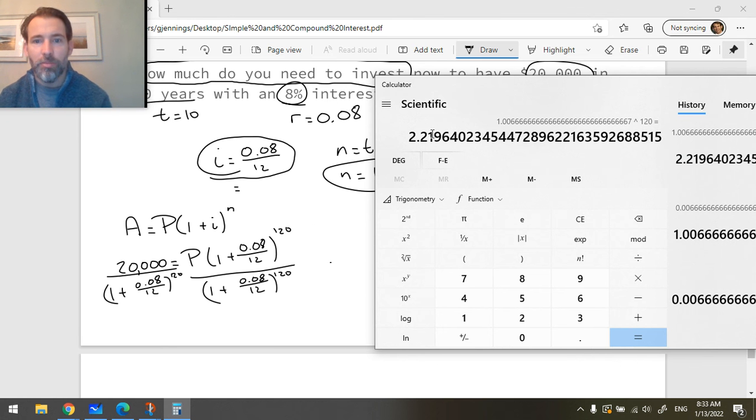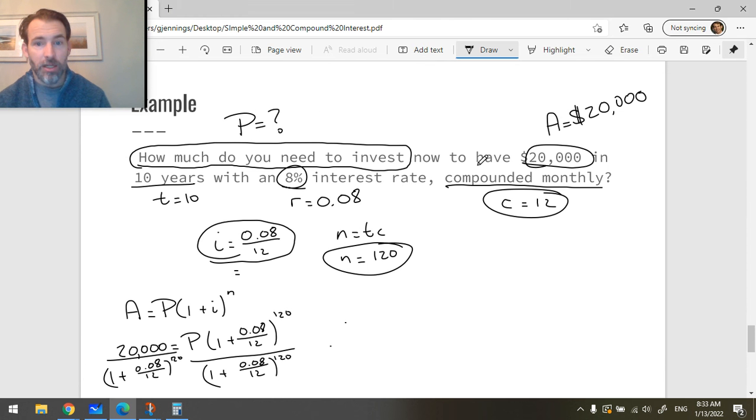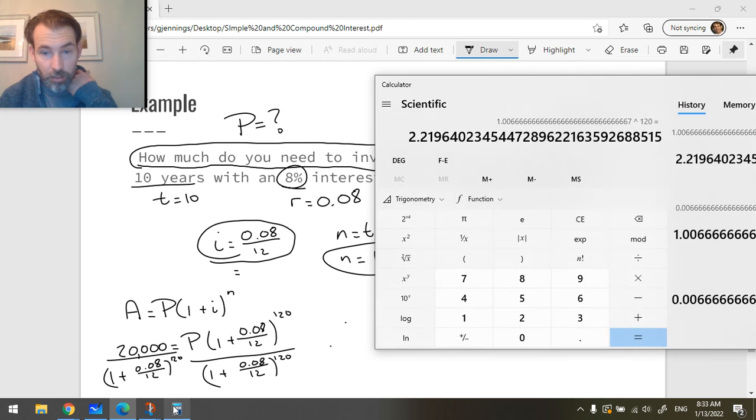So what we're seeing here, this is the amount of growth. We're going to grow by 122% in this time. If we have 10 years, 8% interest rate, compounding monthly, your money will grow by 122%. This is basically 2.22. Okay, so now we just need to divide 20,000 by this.